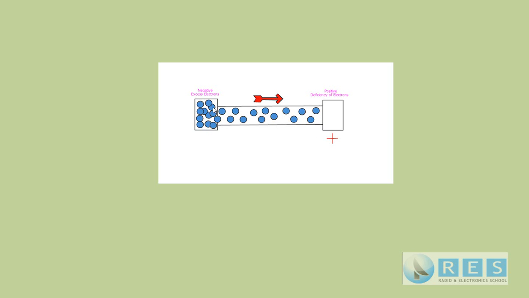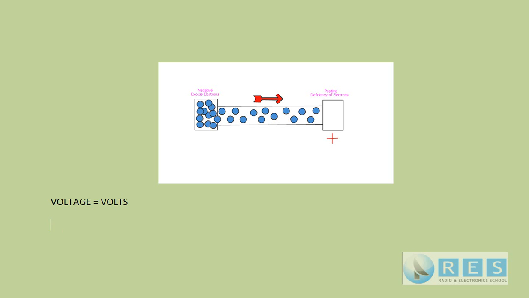The spot where there are electrons we call negative. The spot that is missing electrons we call positive. And if we have that situation and we put a conductor of electricity between those two spots, electrons will flow from here through the conductor to the least negative place or positive place until the electrons are balanced out. The pressure that exists between the negative and the positive is called voltage, and it's measured in volts.